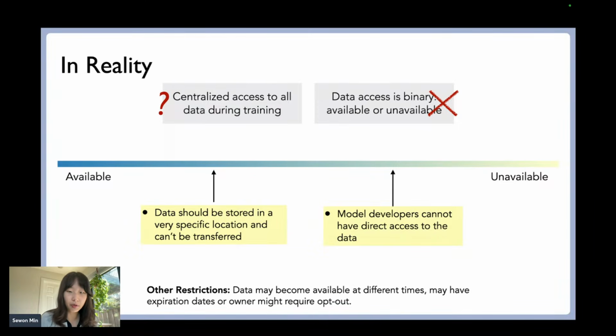And these are some examples of restrictions. There are more restrictions in practice. For instance, data may be available at different times. You may have to opt out some data later on, or you may have new data coming in later that you want to incorporate. And you want to do all of this without needing to retrain the whole model from scratch, because that would be very costly.